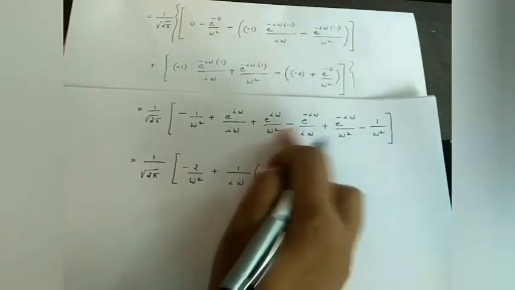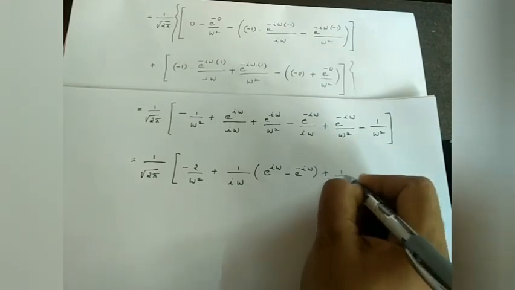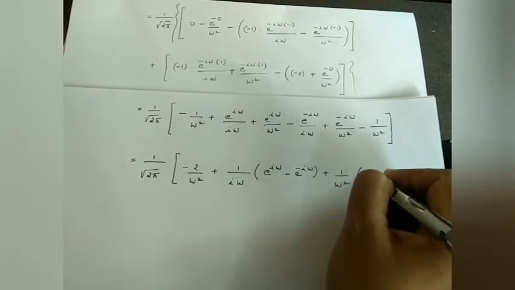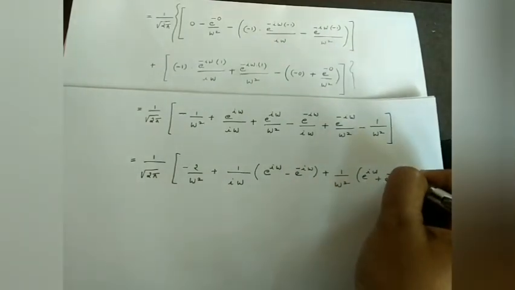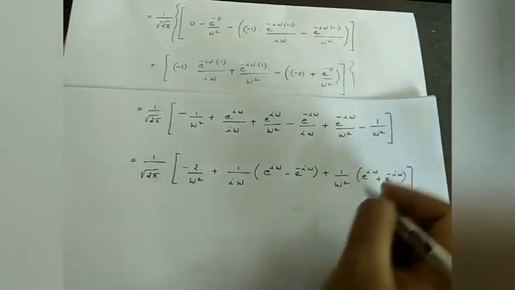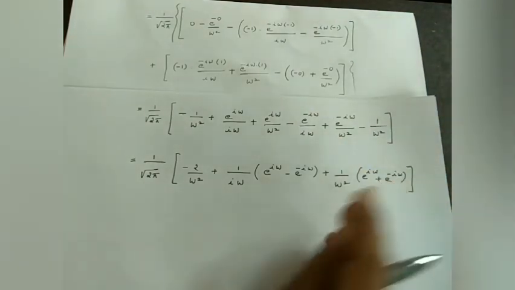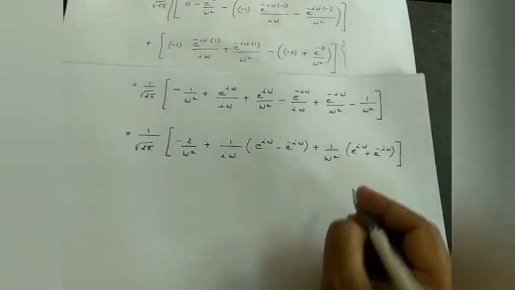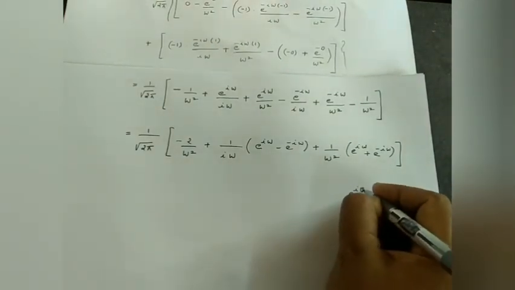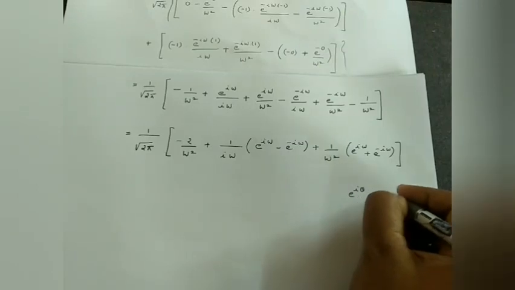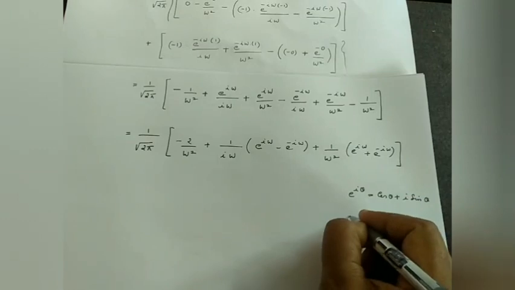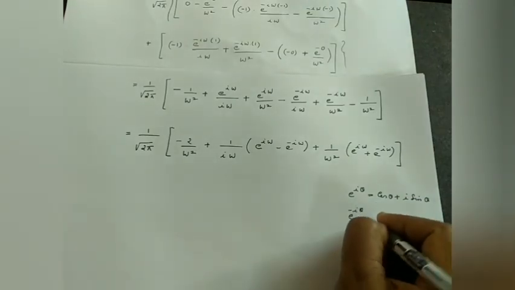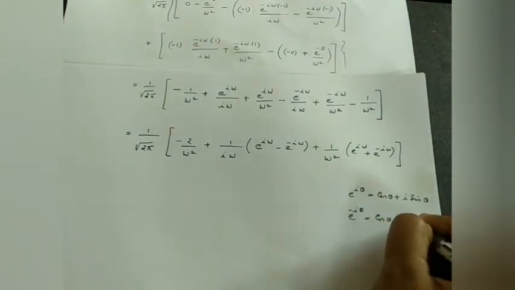Then joining 1 by omega square terms, that is 1 by omega square into e raised to I omega plus e raised to minus I omega. Okay, now we know that e raised to I theta is equal to cos theta plus I sin theta, and e raised to minus I theta is equal to cos theta minus I sin theta.